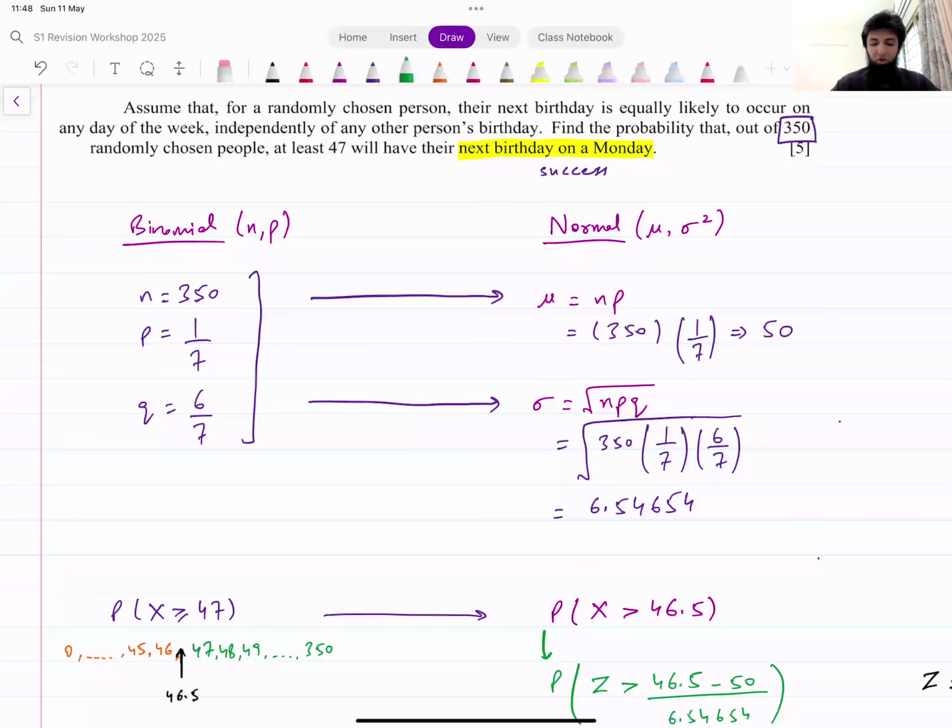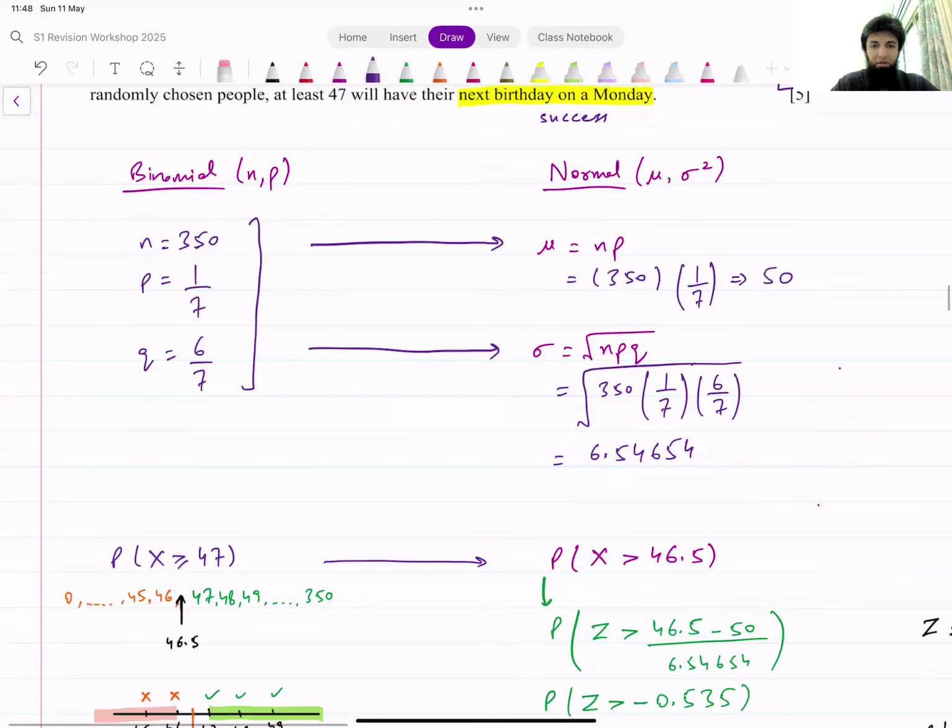Whenever they say use a suitable approximation, there's only one type of approximation in your syllabus, and that is binomial to normal approximation. So the word approximation in the question tells you that the original distribution is binomial and you have to convert it to normal. That's one of the easier questions that you would find on both binomial and normal distribution.